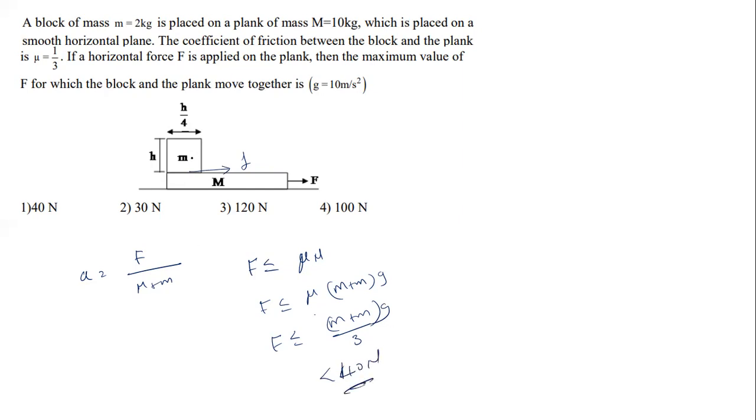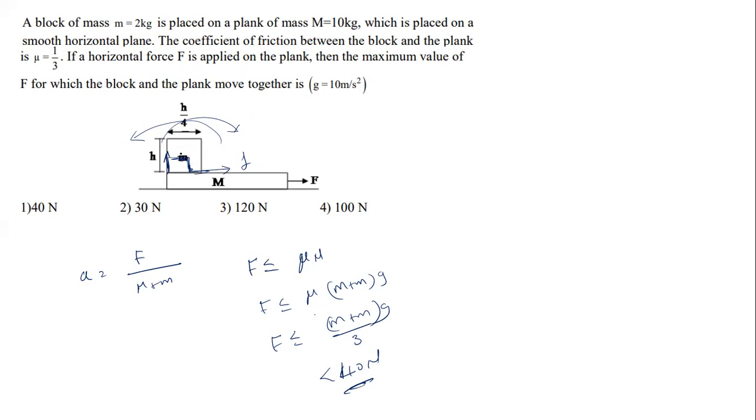Okay. Now for no toppling. No toppling means, suppose this is the center of the block. Due to friction, what happens? This is trying to turn in this direction. Then the normal reaction shifts, due to this perpendicular distance, and this normal reaction torque balances this. Understand? Then it is not toppling. If it rests on the plank, the torque about this is 0.